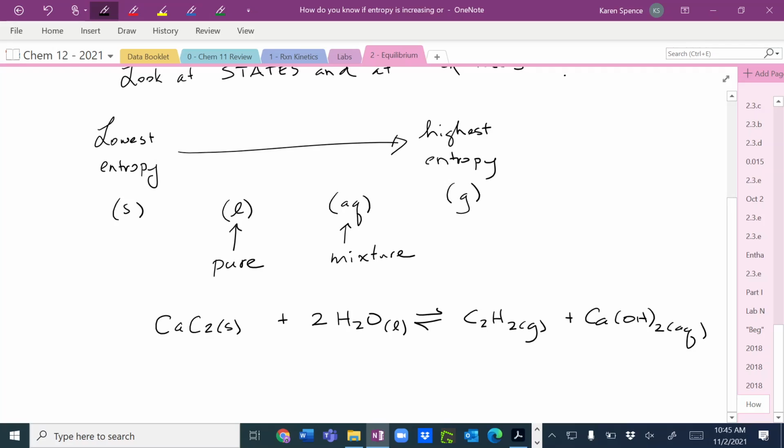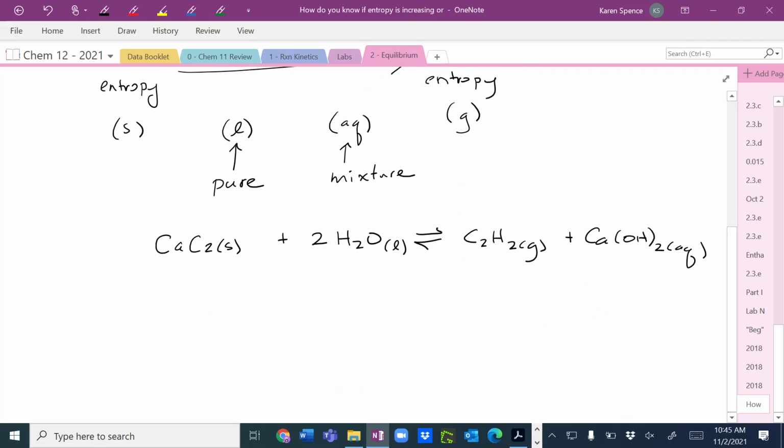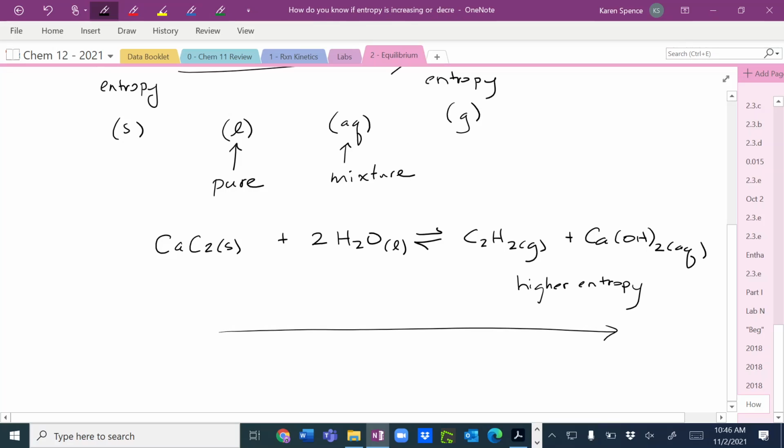Which side has lower entropy and which side has higher entropy? Products have higher entropy, and that means that as we go from left to right, entropy is increasing.